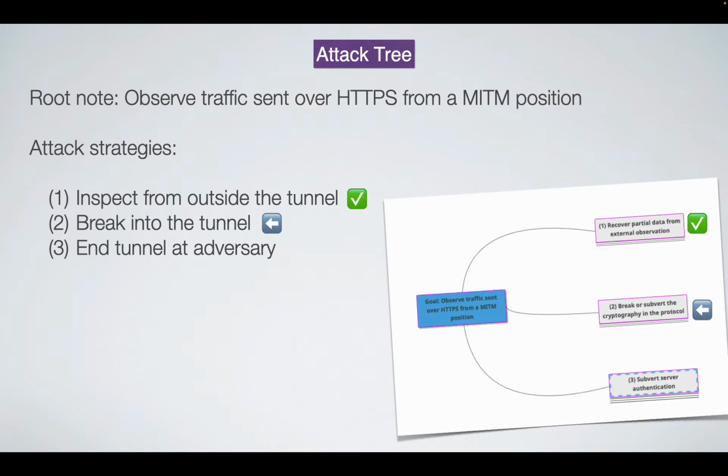And we established that the way we're going to go through the attack tree is we're going to look at 3 high-level attacks. Last class, we looked at what you can learn even if HTTPS works exactly as it's supposed to. You have a secure tunnel in place, but the adversary is still watching.